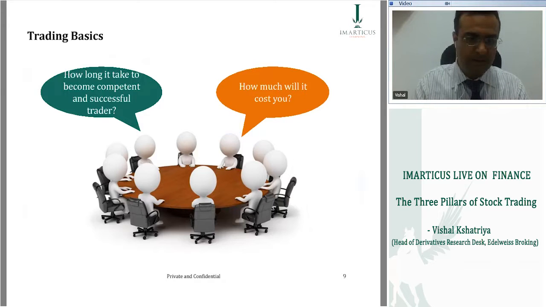So here come the trading basics. How long does it take to be a successful trader, and how much does it cost you to be a successful trader? Well, there are people who have taken more than 20 years to be a successful trader, and hence they are able to have a sustainable and constant month-on-month positive income. And how much it costs, you never know.